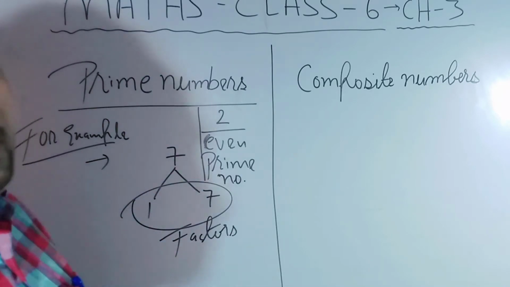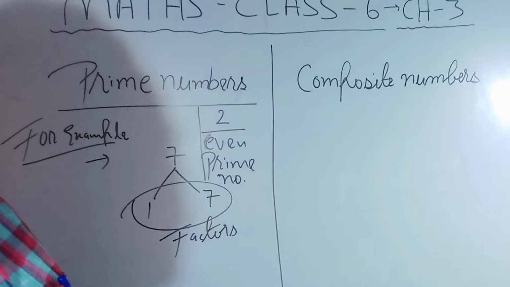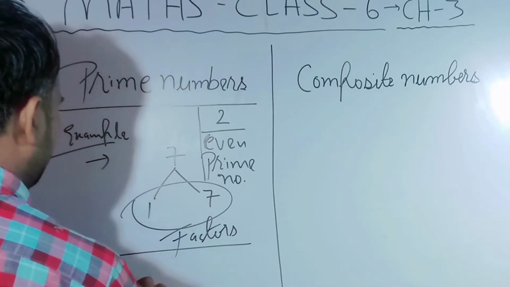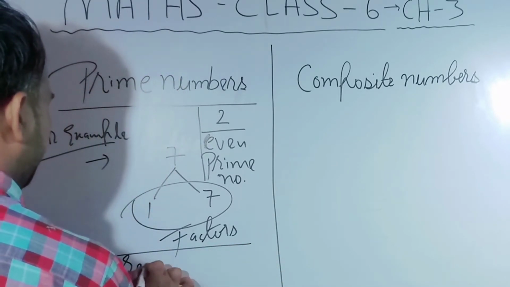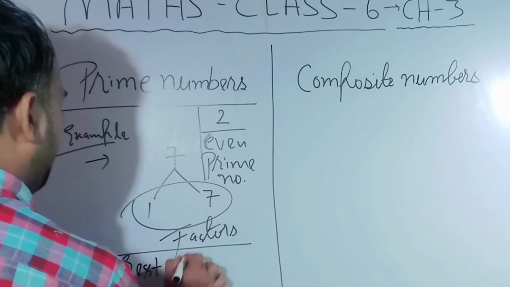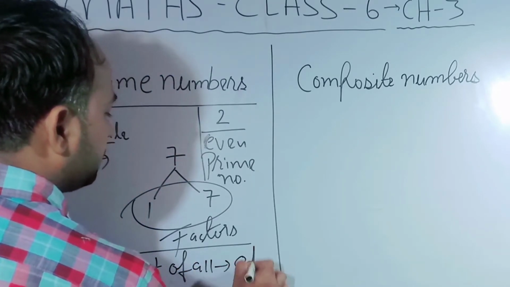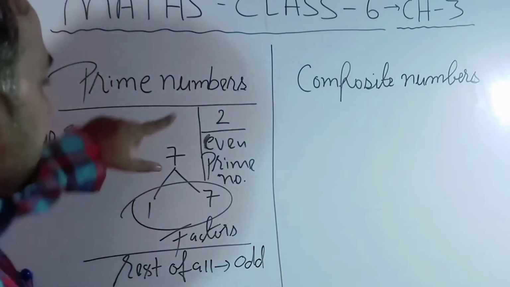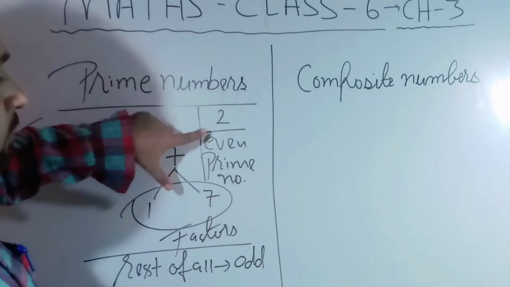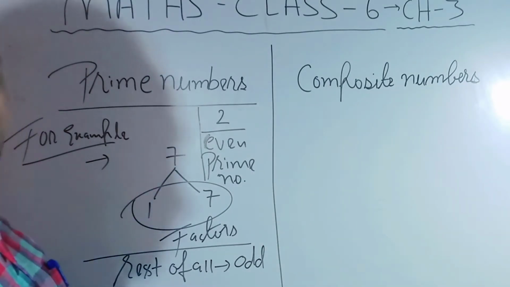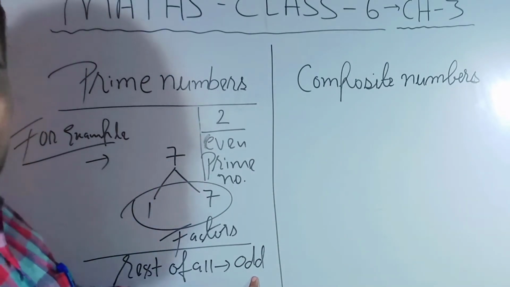Rest of all prime numbers are odd numbers. It means only 2 is an even prime number and the rest of all numbers that are prime are odd numbers.